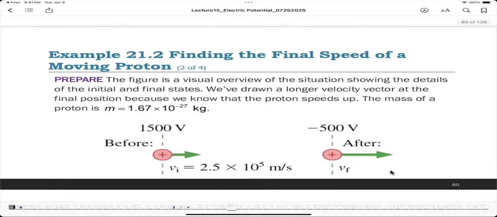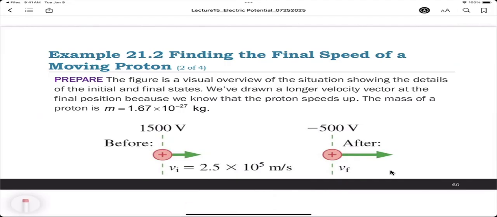You can see this is the picture. The figure is a visual overview of the situation, showing the details of the initial and final states. We are drawing a longer velocity vector at the final position because we know that the proton speeds up.